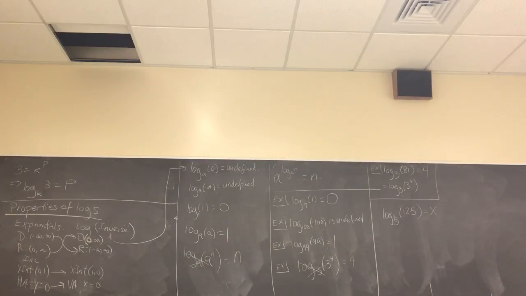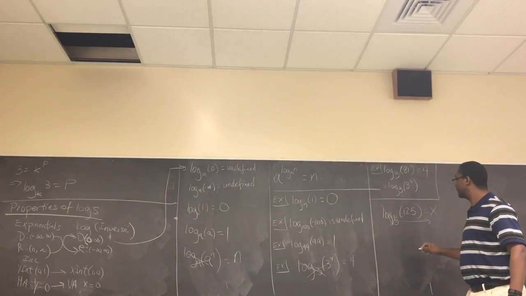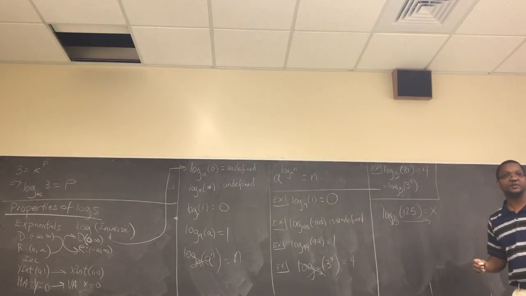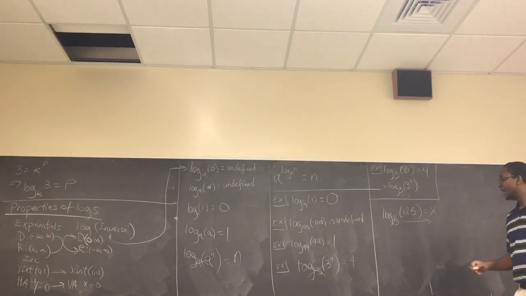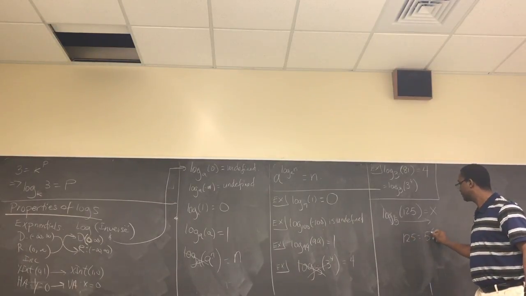So I set it equal to x, and then I simply convert to exponential form. Drop the log and take the base to the other side. So 125 is equal to 5 to the x power.